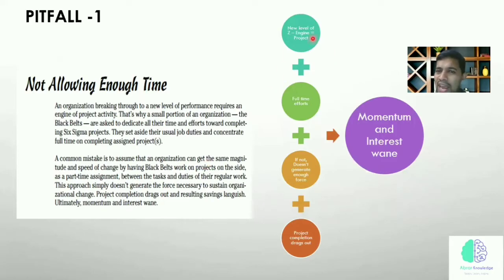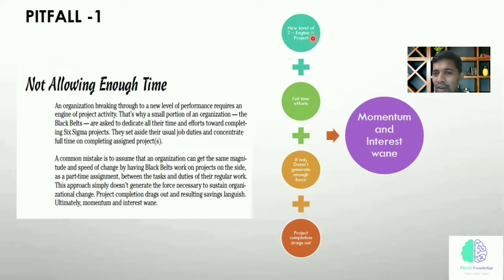It says any new level of performance in any organization is like an engine, and that engine is something we call a project. If the organization has to enhance its profitability, scalability, and all these things, the paramount thing is they need to find a project and be most updated and all that.